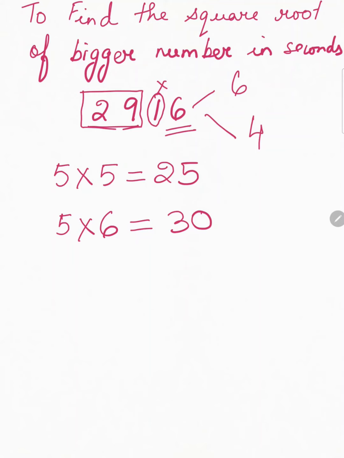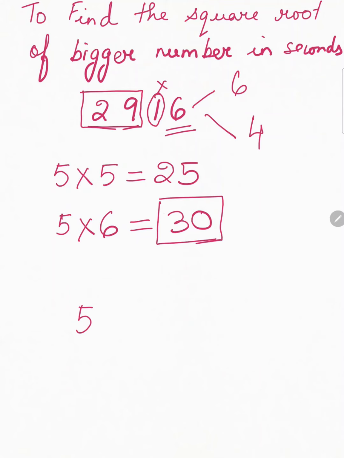So in the square root, I will first write 5 in the tens place. Now to decide the next digit for the square root, we will multiply 5 by its successive digit, which is 6, and we get 30.